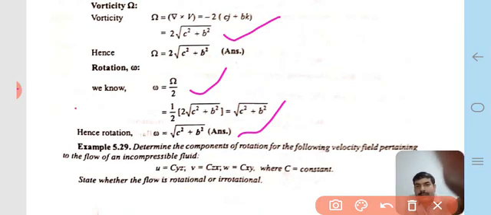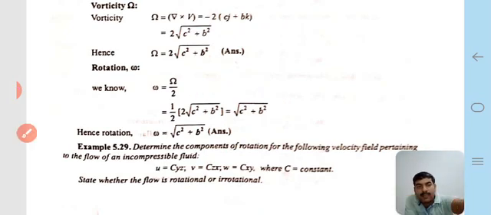Now we can say about vorticity and circulation, rotational and irrotational. Vorticity is two times the rotation.